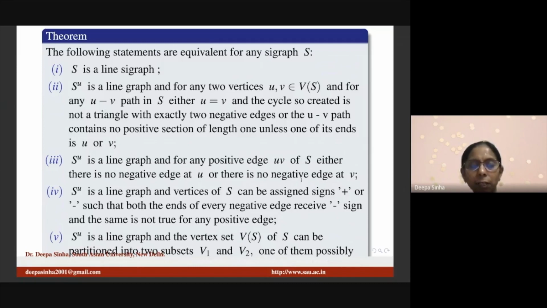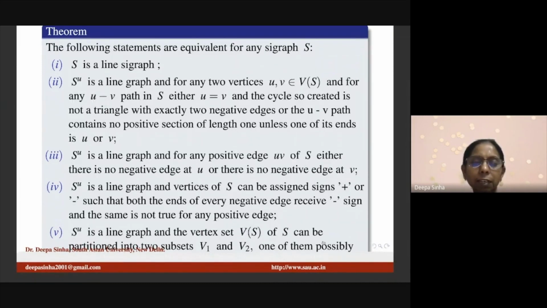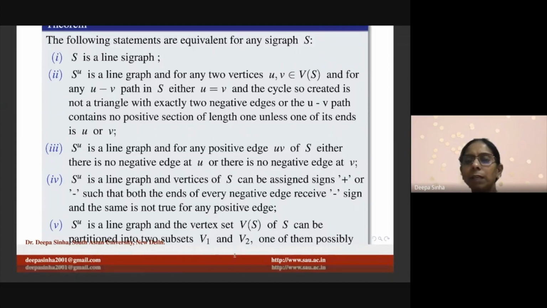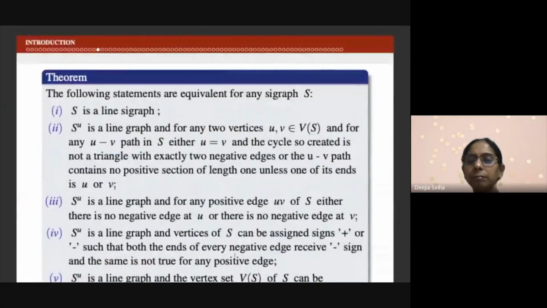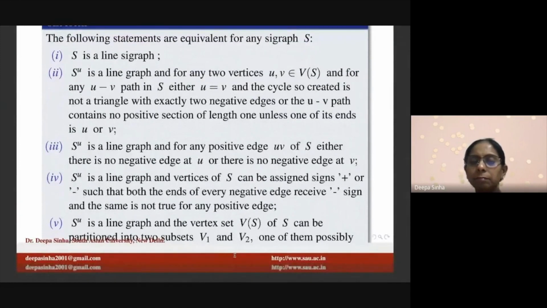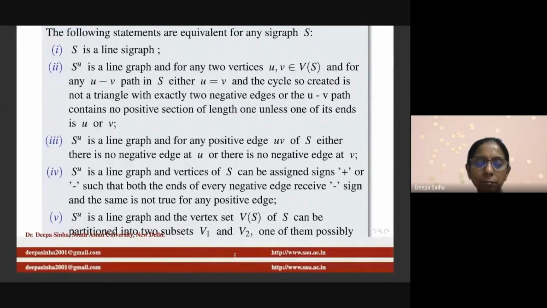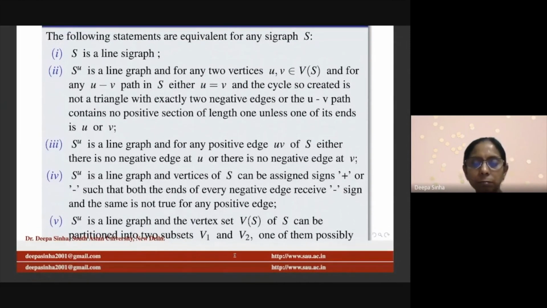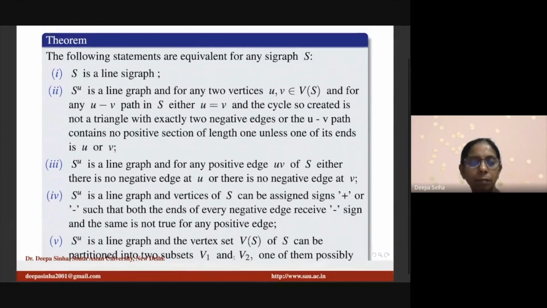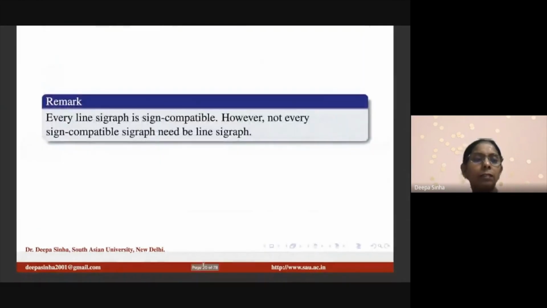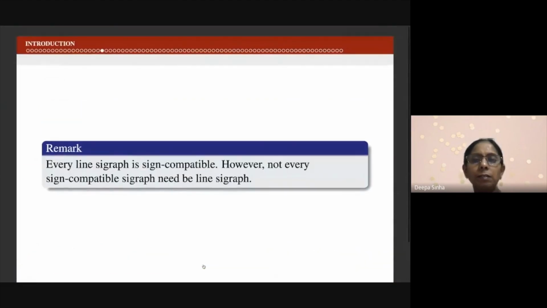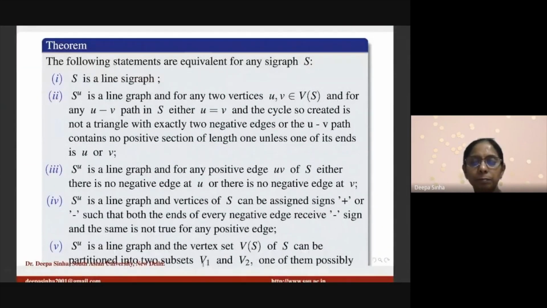Or the underlying graph is a line graph, and the vertex set of S can be partitioned into two subsets V1 and V2, one possibly empty, such that the graph induced by one of the sets is all negative.